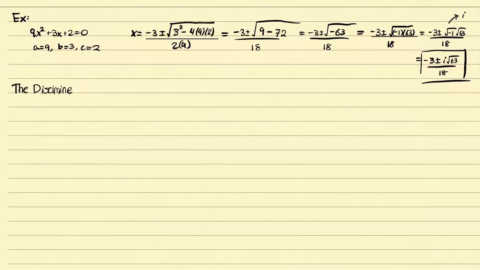So the discriminant is that expression that's inside the square root.